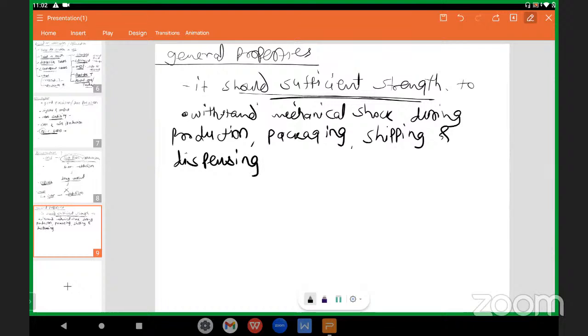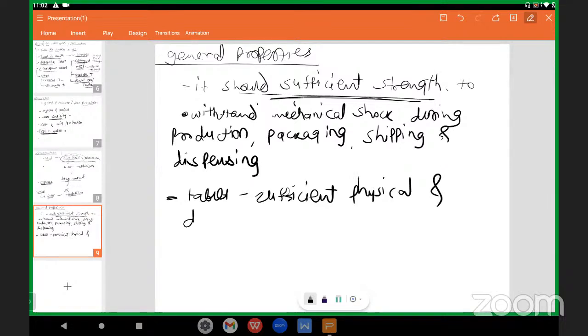Second one, very important, your tablet formulation should have sufficient physical and chemical stability. ये काफी important point है. आपका जो tablet है उसको sufficient physical and chemical stability होना चाहिए. We'll discuss that during the quality control tests, don't worry.